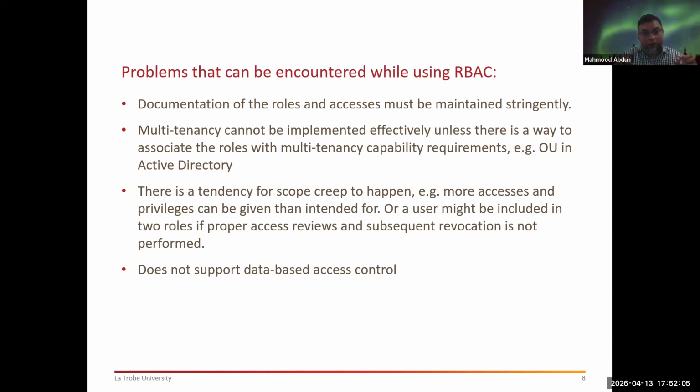So scope creep is basically a problem of the vanilla role-based access control model that we have discussed, okay? And it also doesn't support fine-grained control like data-based access control, where this role can be a loan officer, but they can only look at a subset of clients, not everyone. It's difficult to employ vanilla role-based access control in that kind of scenario.